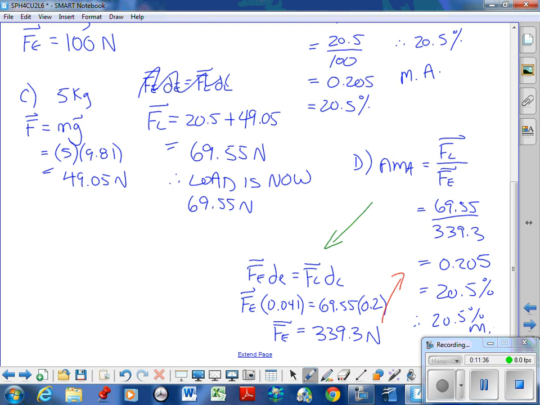All right, so the point of that example is just to show you that if you have a 20% mechanical advantage, it doesn't matter what load you have applied here, it's going to remain 20% mechanical advantage. Some of you will be saying, well, that makes sense, I don't see what the big deal was, but for some of us, we need to see the calculations.